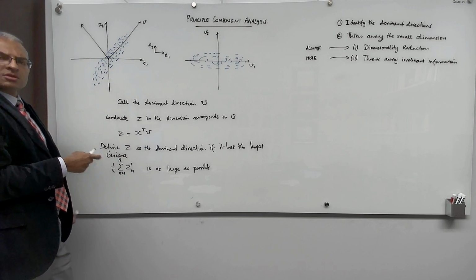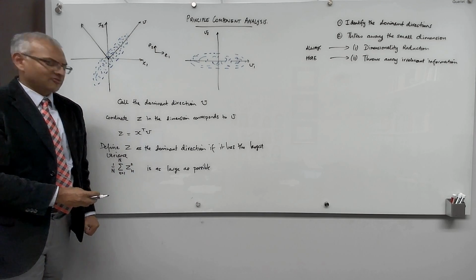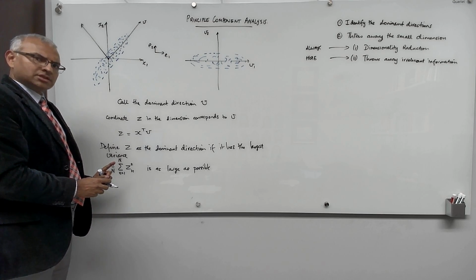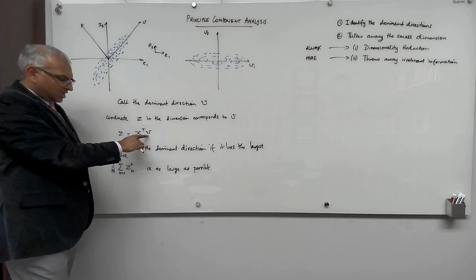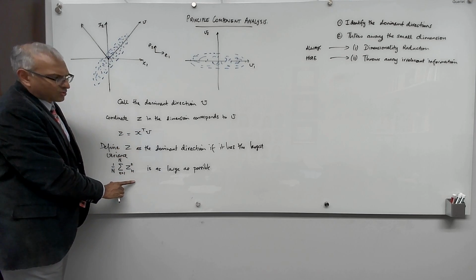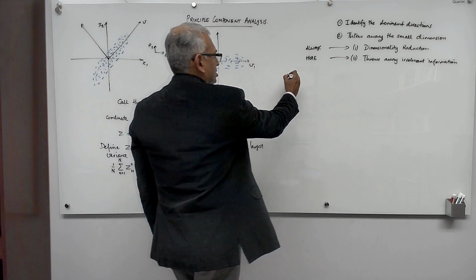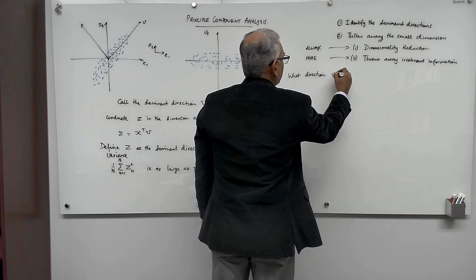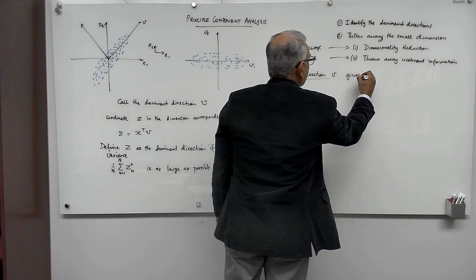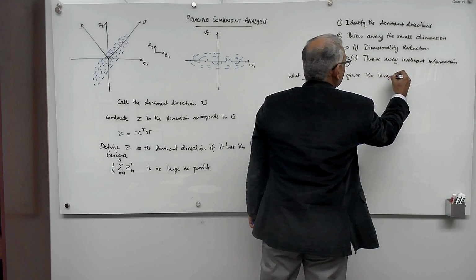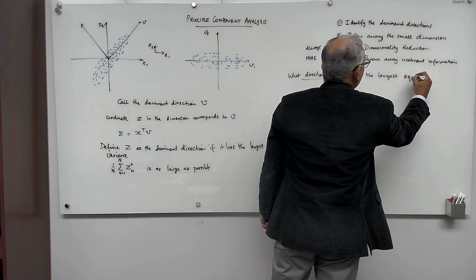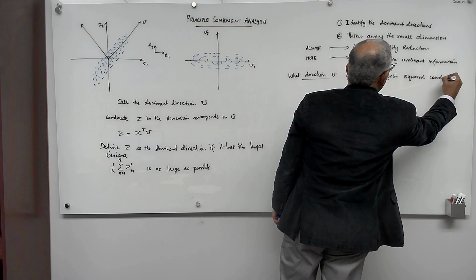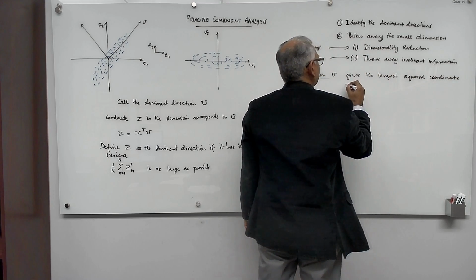So when the mean is 0, the variance is given by the average squared value. So let's try to find the direction V that gives us the largest squared coordinate on average.